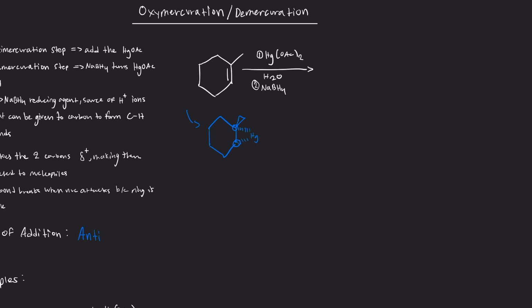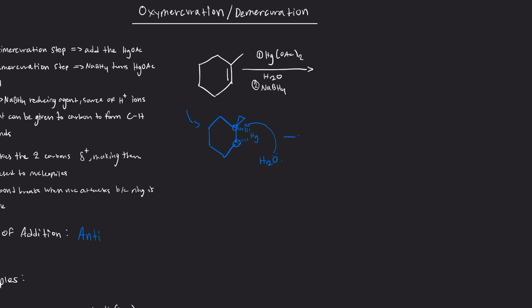The three-membered ring forms, and now we're going to attack with our weak nucleophile, which in this example is water, H2O. So this is going to attack your more substituted carbon, and in this case, it's that top one right there.